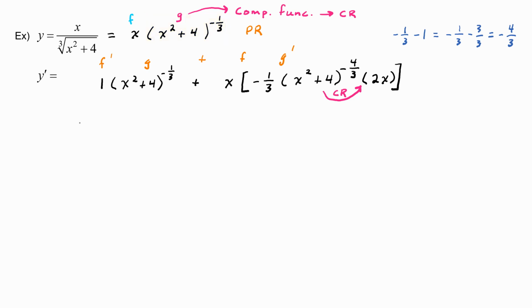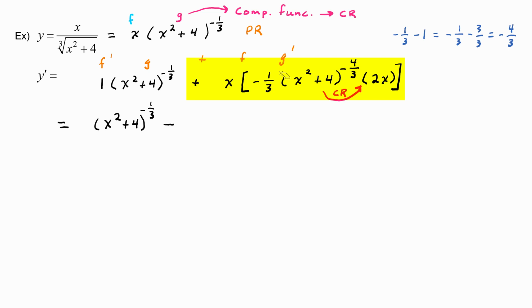Let's simplify. This first term is just x squared plus 4 to the negative 1/3 power. And now we have a plus sign here with a minus sign here, so we will be subtracting.